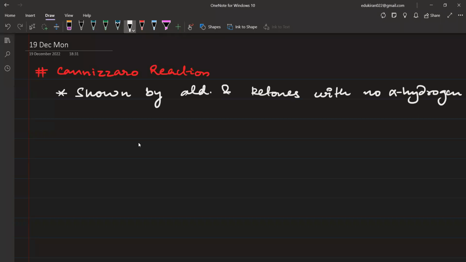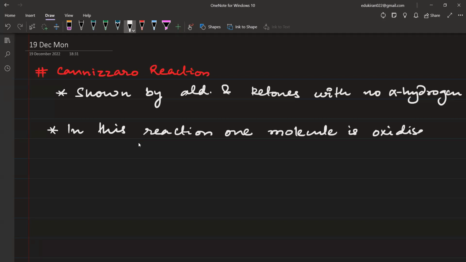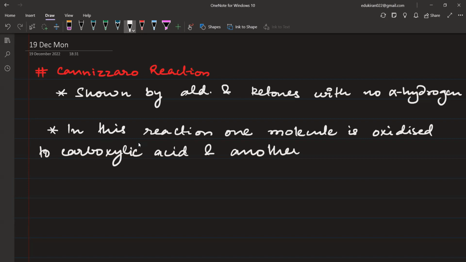In this reaction, one molecule is oxidized to carboxylic acid, and another molecule is reduced to alcohol.